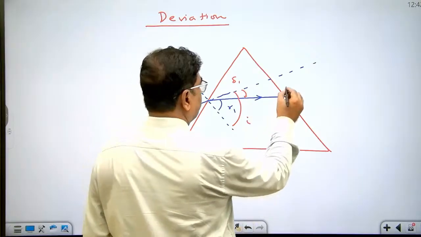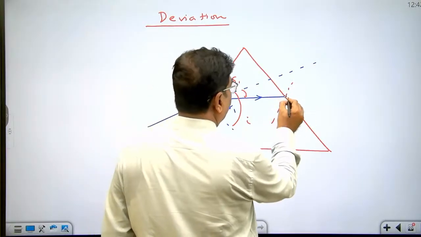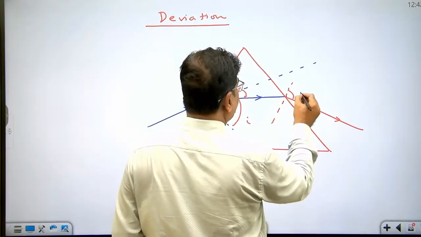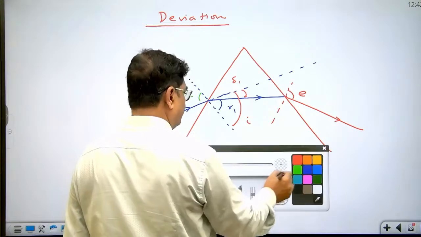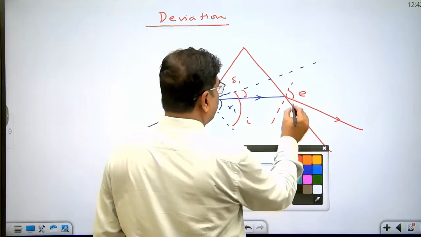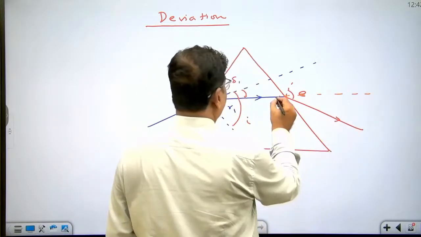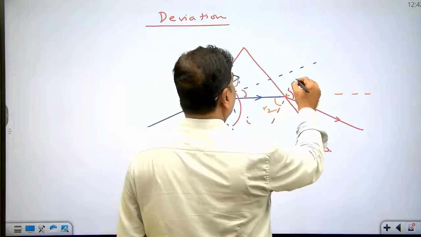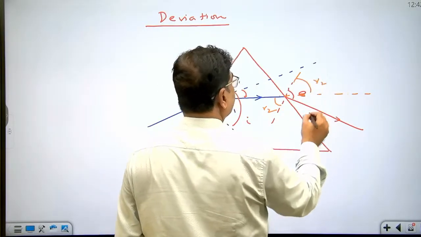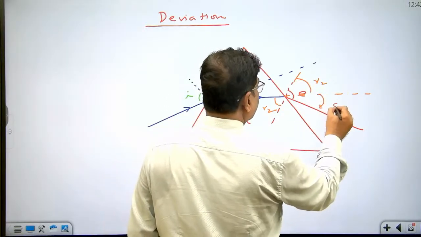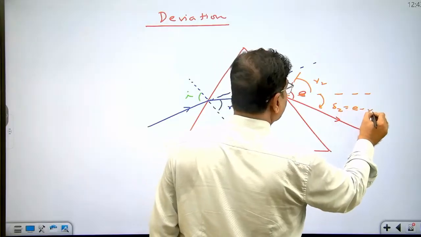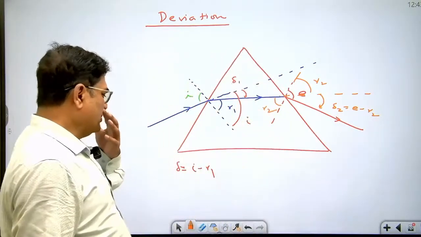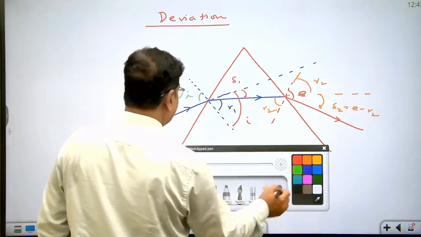Now let's see again. This light ray is moving here. This is the angle of emergence E, okay? If we extend the prism like this, if this angle is R2, this angle is again R2. So this angle of deviation delta 2 is E minus R2. This is also clockwise.